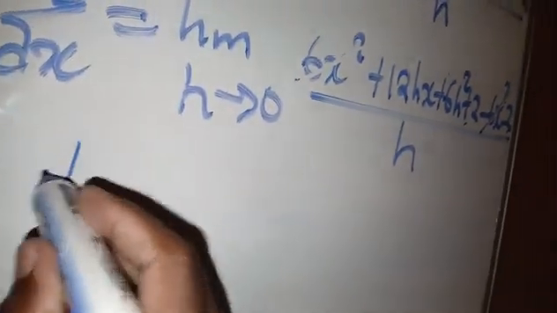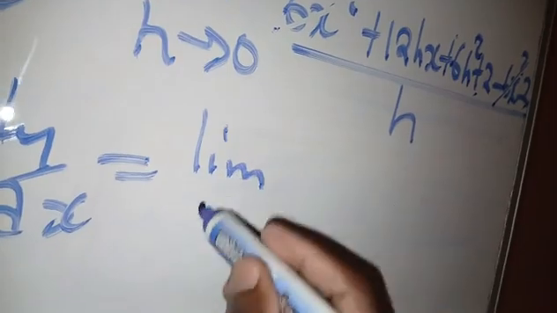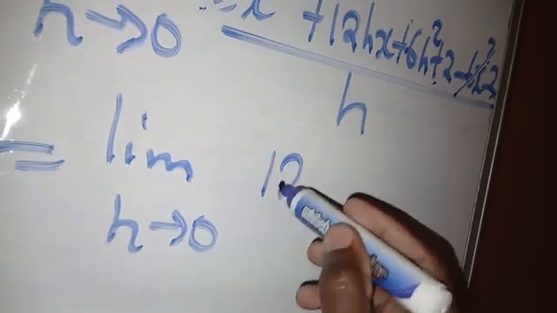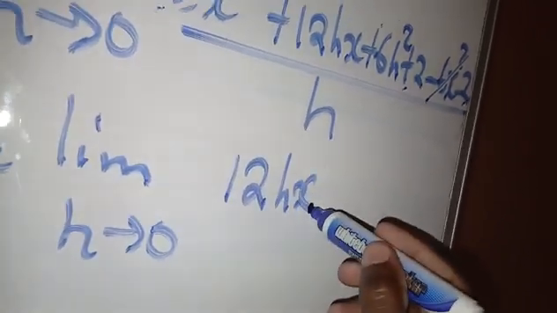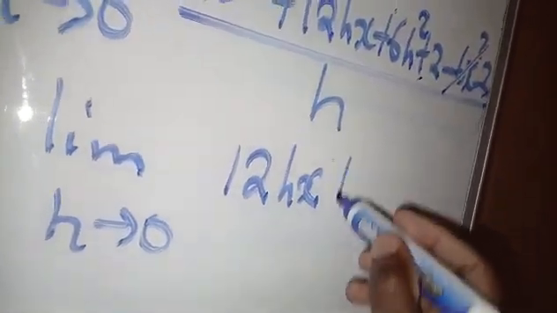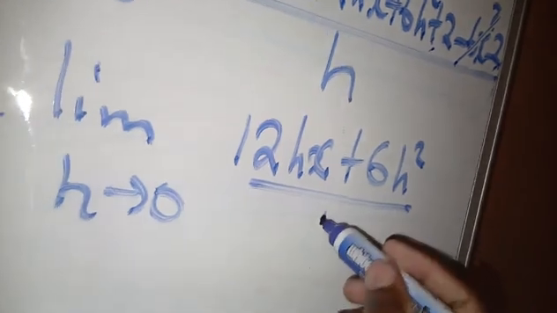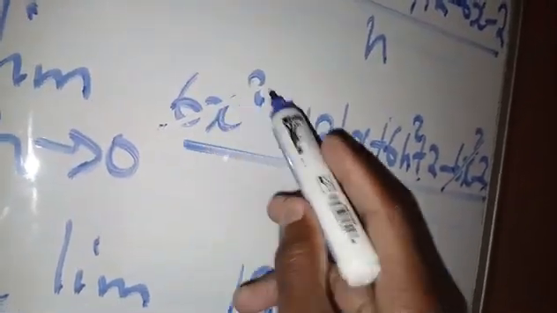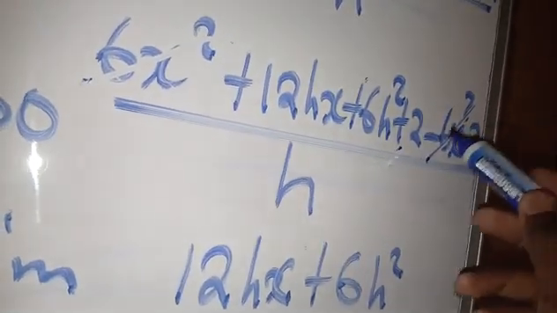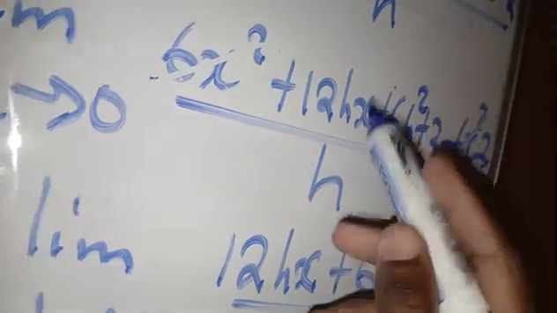So from here you can say dy over dx will be equal to limit as h approaches 0, then we are remaining with 12hx plus 6h squared over h. 6x squared minus 6x squared, the answer is 0. 2 minus 2, the answer is 0. No wonder we haven't written them.